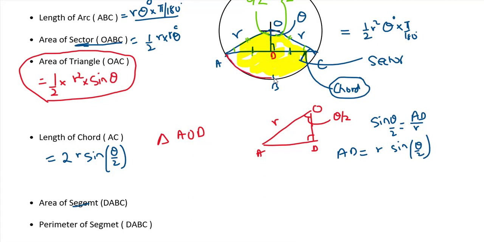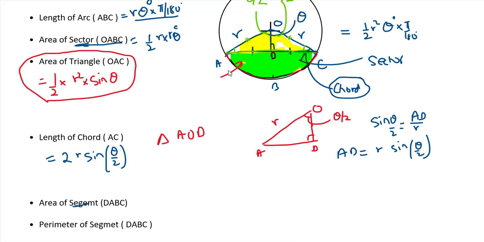This portion is called the arc of the circle, and this portion is the chord of the circle. The portion between the arc and the chord of the circle is called the segment. So this lower portion is called the segment of a circle.